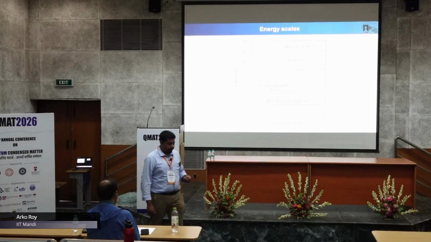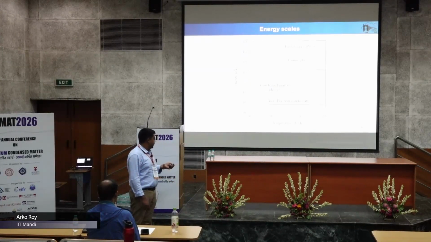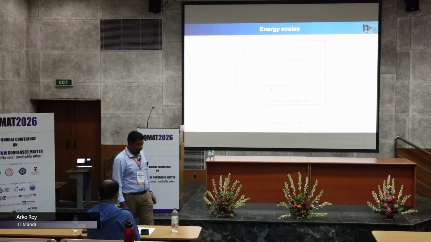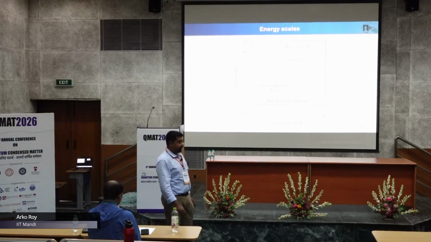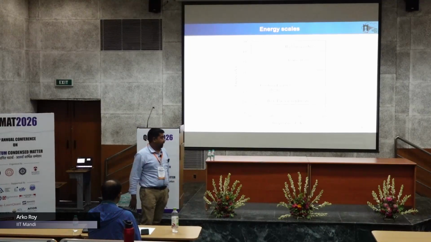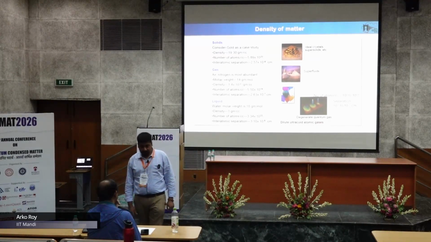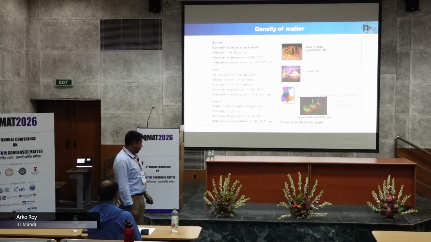To put things into perspective, we are talking of very low energetic systems. The Bose-Einstein condensate lies at the lowest energy scale, and high energy physics, as you know, deals with much higher energy scales. About the density of matter, BECs are very dilute in nature.